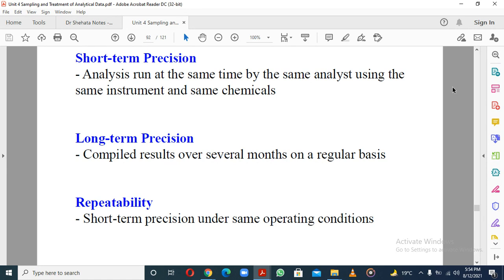Then repeatability. Repeatability is basically the short-term precision under the same operating conditions. Let me give an example.